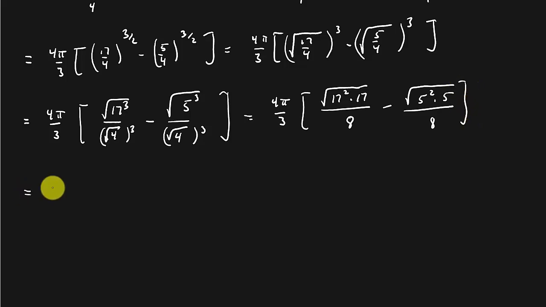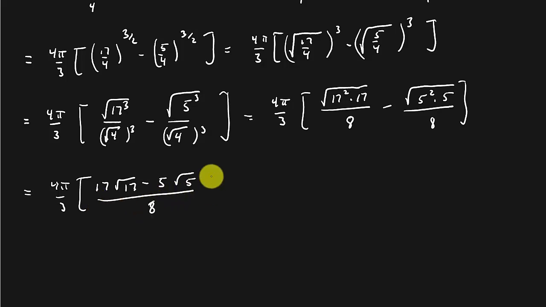And so that's going to give us 4 pi over 3 times 17 square root of 17 minus 5 square root of 5, all over 8, since they have a common denominator.